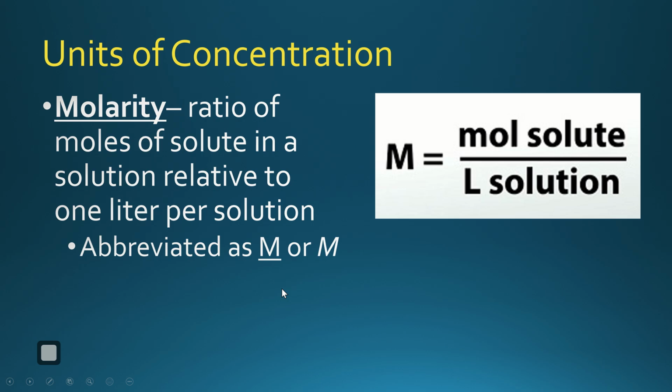And the primary method or unit we use to calculate concentration is what we call molarity. And as the name implies, the mole is back. Okay? And it says it's a ratio of the moles of solute in a solution relative to 1 liter of solution. Guys, very simply, it's moles over liters of solution.